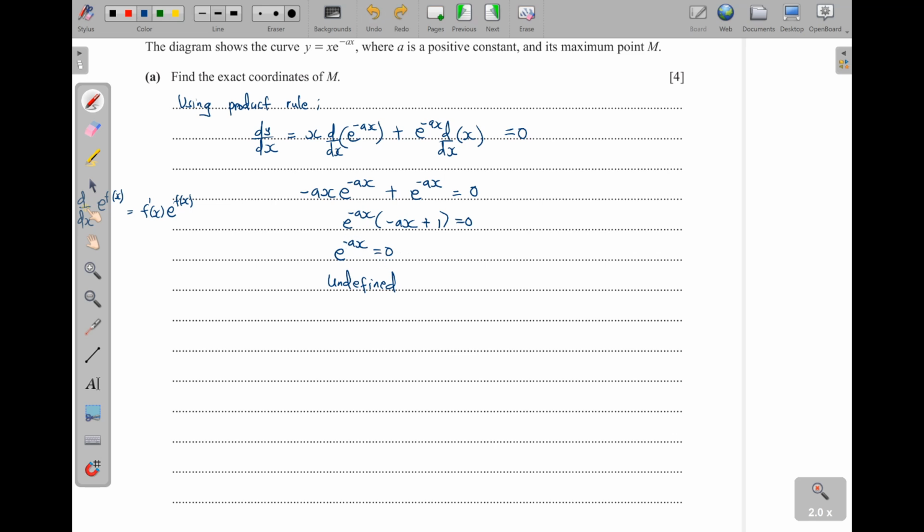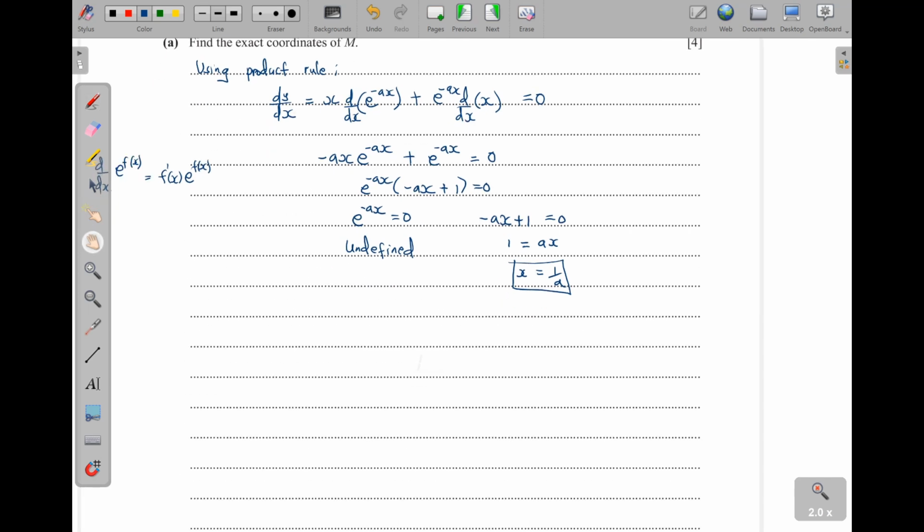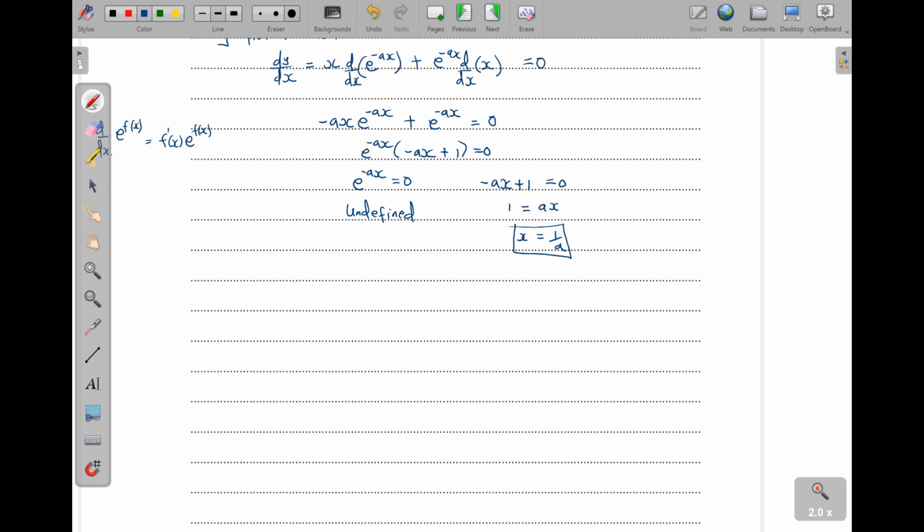The next one is negative ax plus 1, which is equal to 0. So 1 is equal to ax, therefore x becomes 1 over a. Then after getting that 1 over a, we need to get the y coordinate.